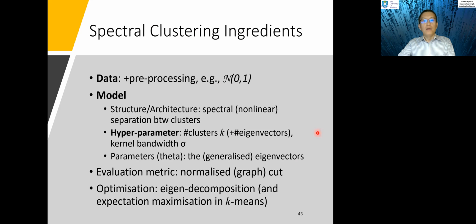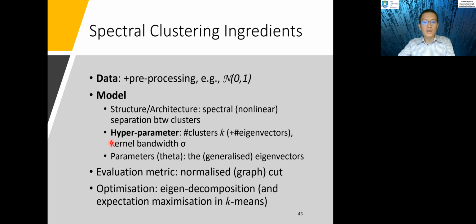So this finishes the introduction of spectral clustering. Spectral clustering ingredients include the standard data preprocessing, and its structure is modeling a spectral separation between clusters. So they are nonlinear separations between clusters. There is a hyperparameter as standard: we need to determine the number of clusters k. Another possible hyperparameter is the number of eigenvectors we want to use, but this is typically set to the number k.